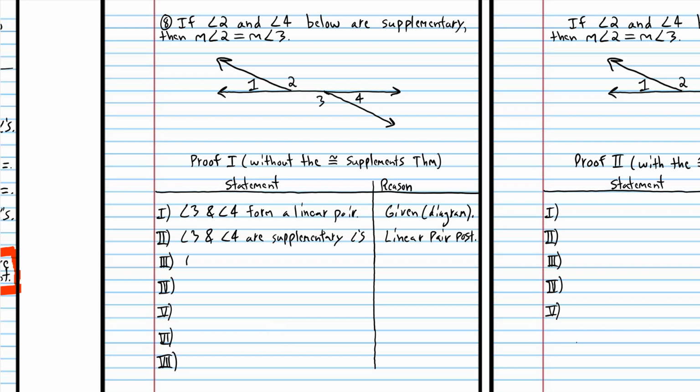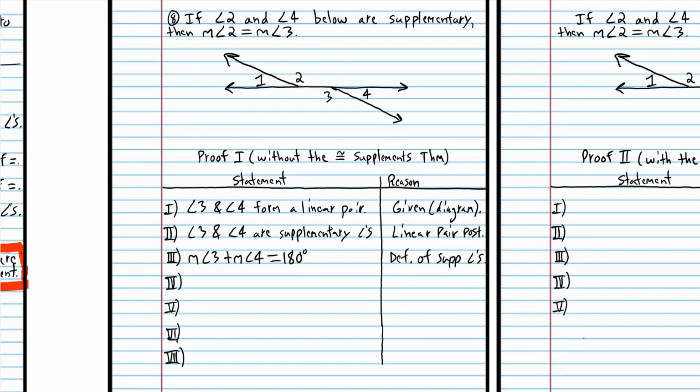And again, you can do this in a different order, but the measure of angle 3 plus the measure of angle 4 must be 180 degrees. And that is the definition of supplementary angles.